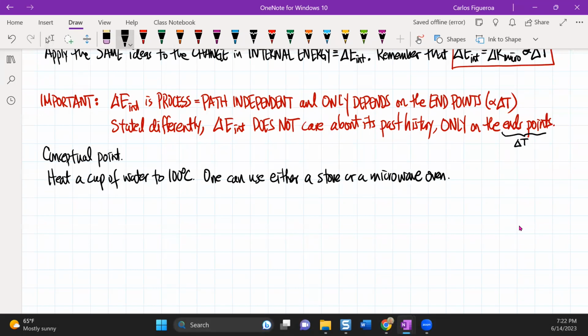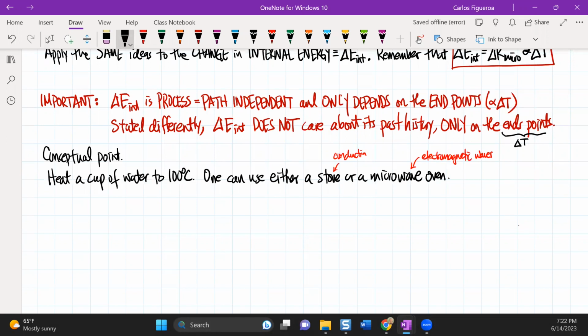Now note, these are two different heating processes. The stove uses the idea of conduction, and the microwave uses the idea of electromagnetic waves. Two very different processes.